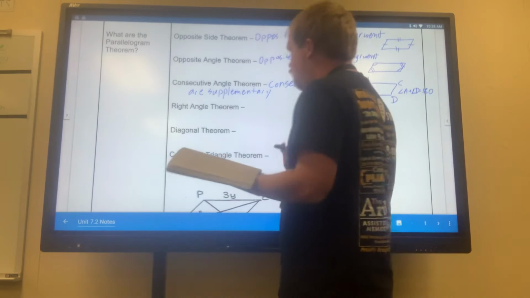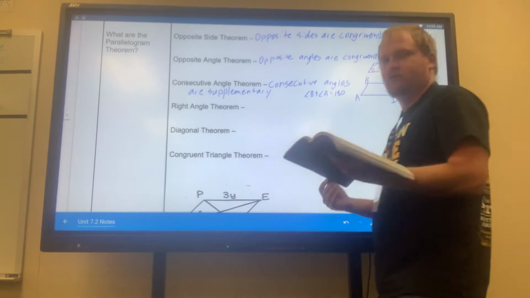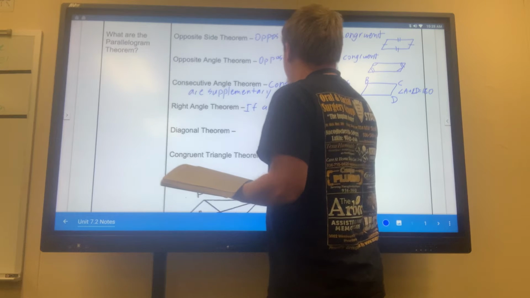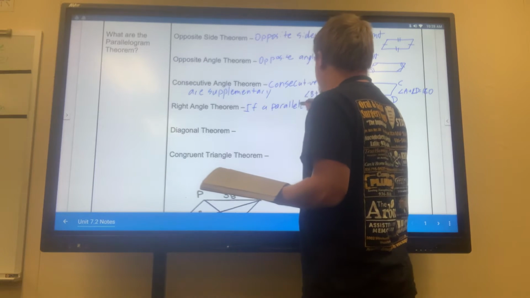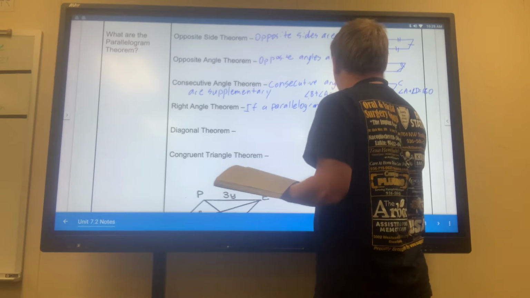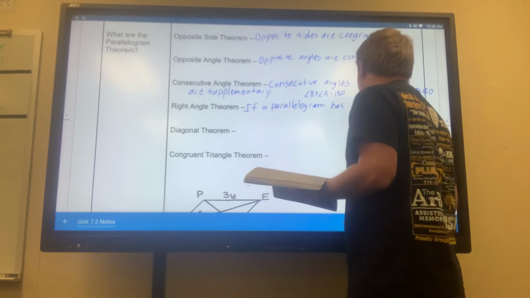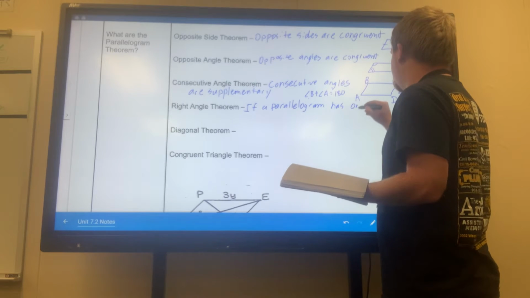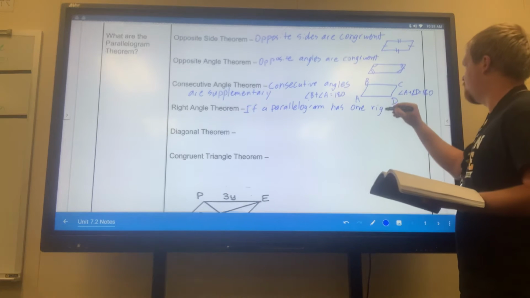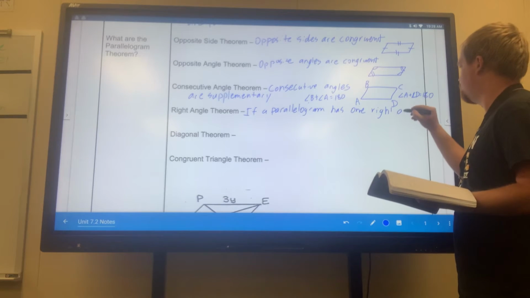Now, right angle theorem. So, if a parallelogram has one right angle, let me rewrite, at least the word, has one right angle.